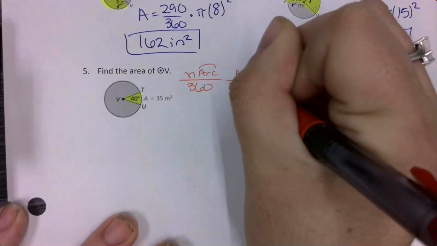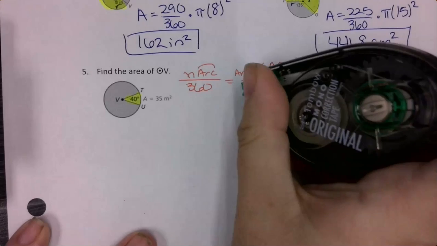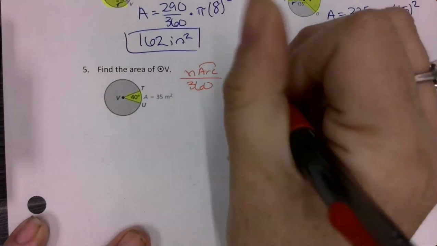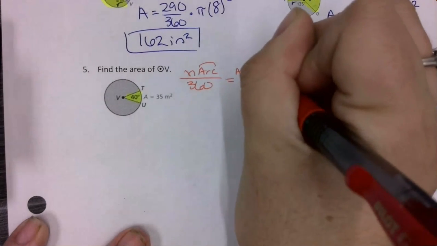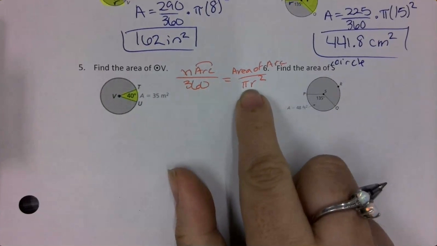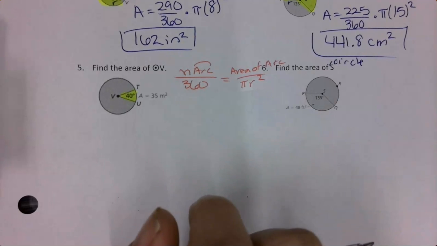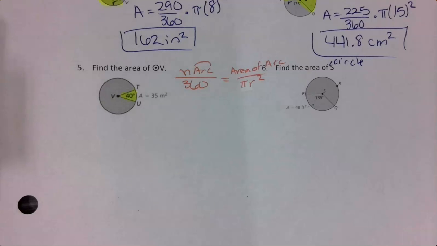divided by, yeah, not 360, pi r squared. So if I know pi r squared is the area of the full circle, and there are 360 degrees in my full circle, I have arc on top, full circle on the bottom. So I'm going to plug into that I just wrote on my paper.